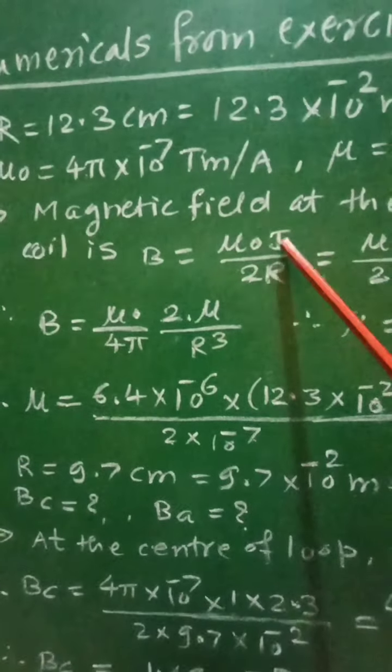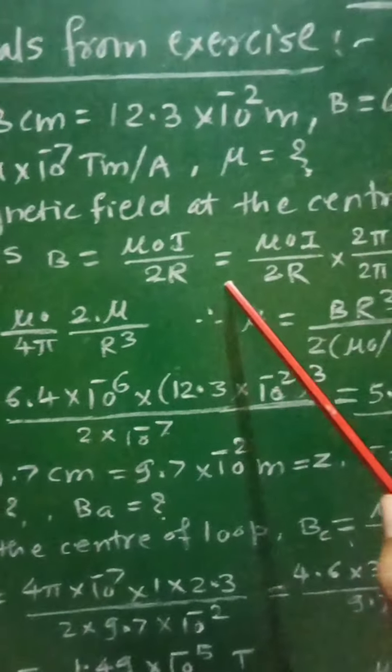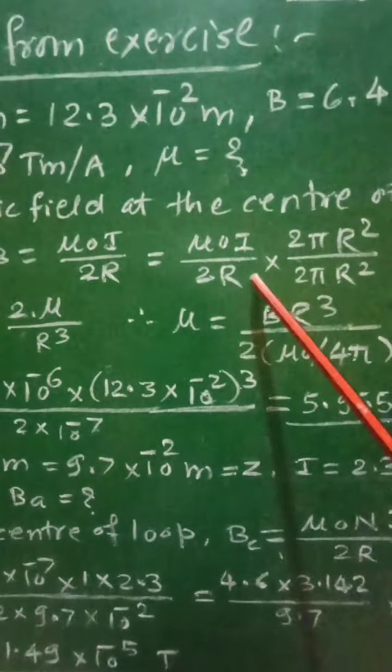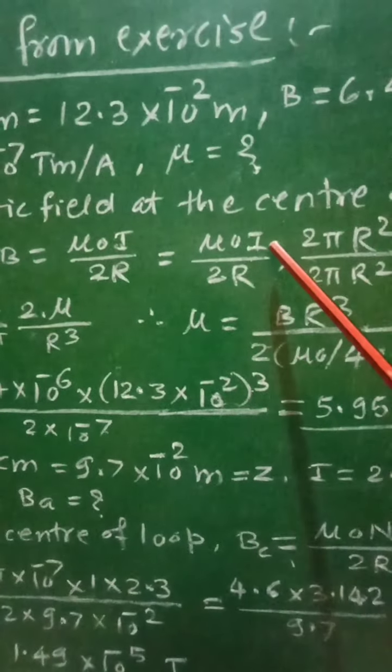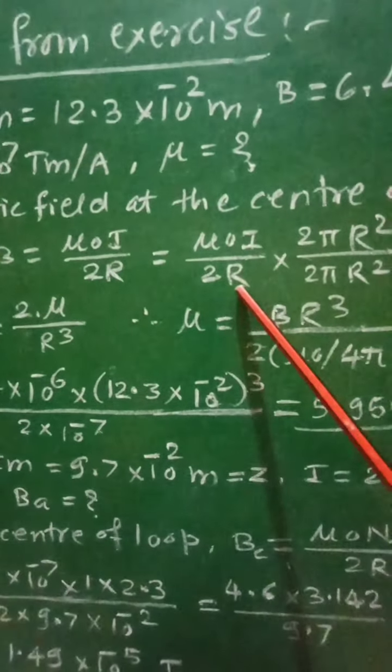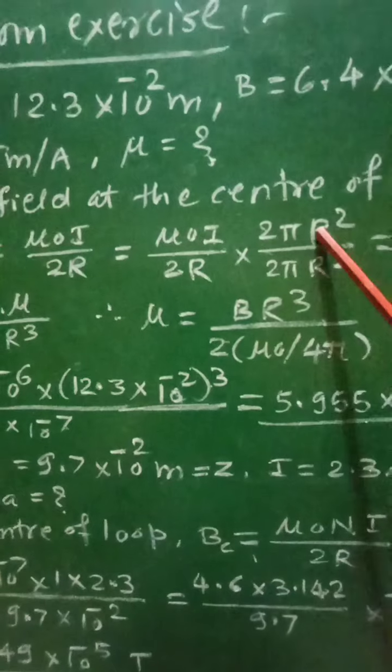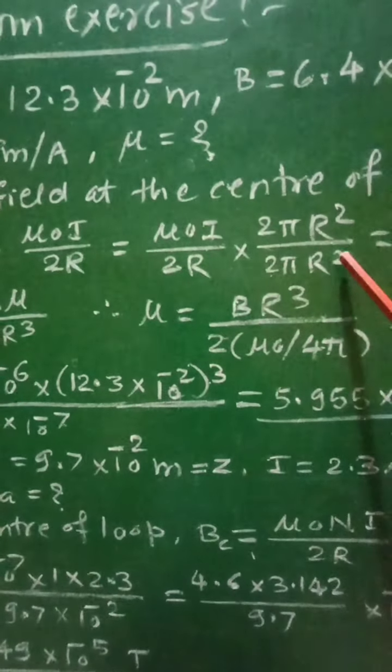Mu 0 I upon 2R will be written as mu 0 I upon 2R into 2 pi R square upon 2 pi R square.